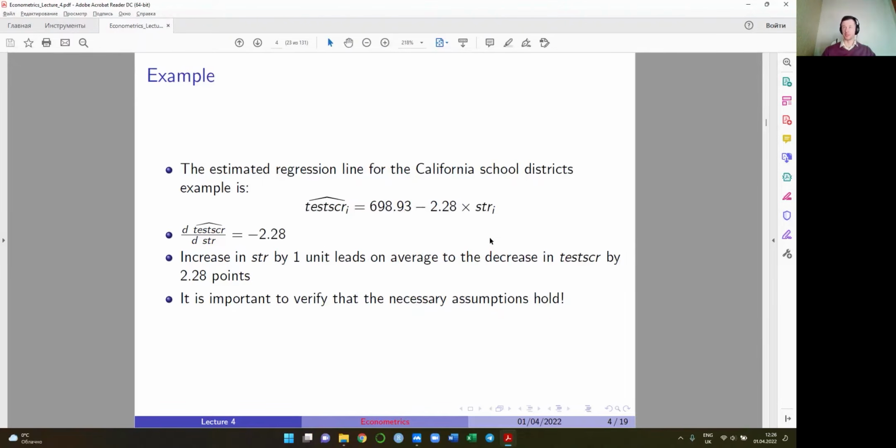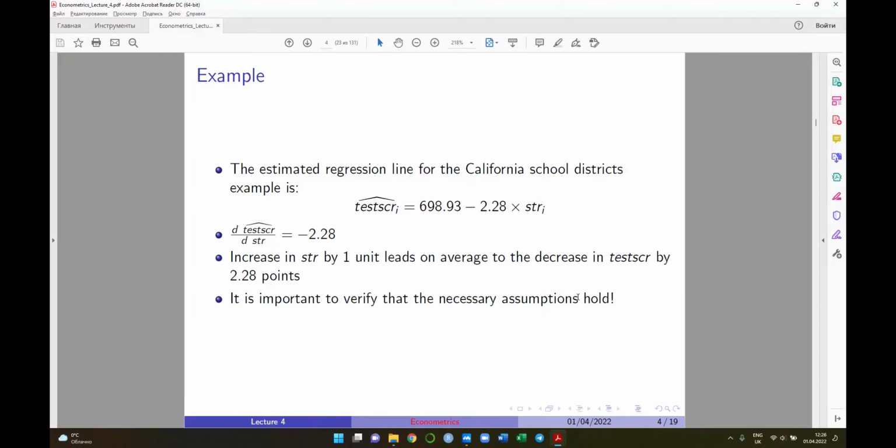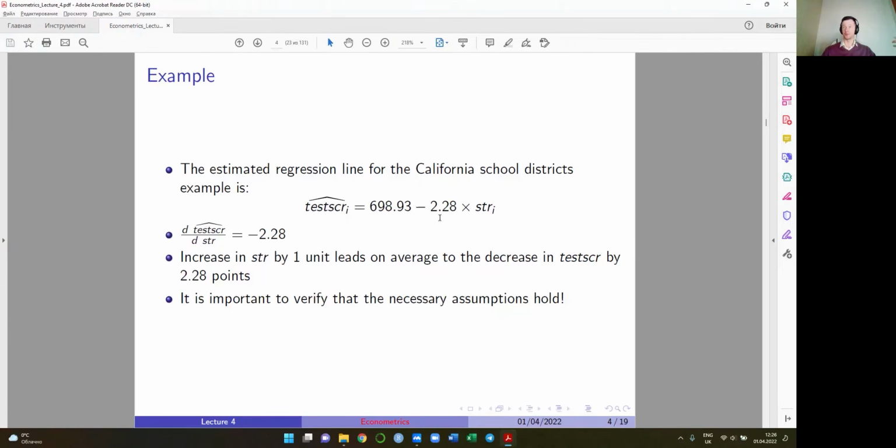It's not about mathematics, it's not about some derivations and statistics, it's mostly about the verification that the assumptions needed to give this number the sense of a causal effect hold.